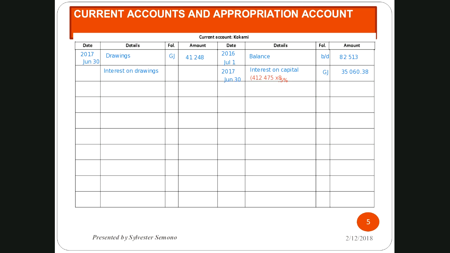Kugami's drawings, as you can see here, is 41248 times interest percentage, 15%. But again, the interest was only for 3 months. So you should say 41248 times 15% times 3 divided by 12.